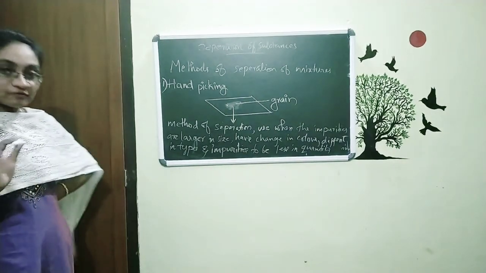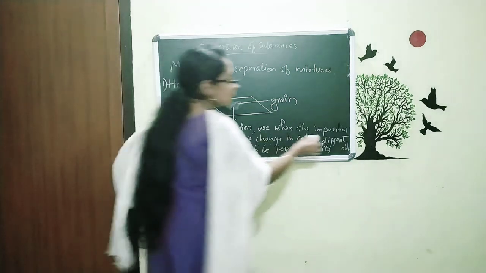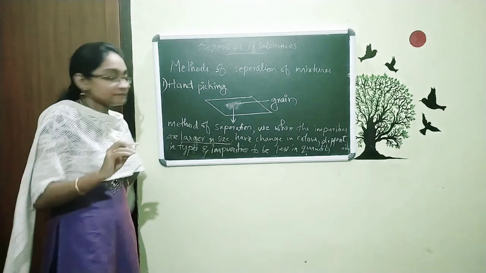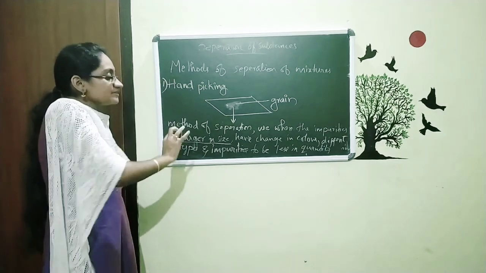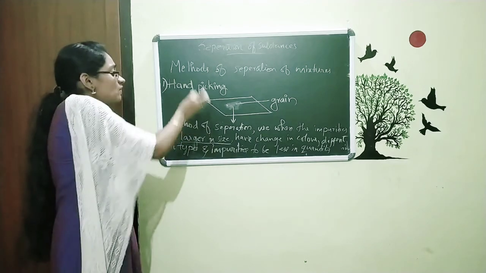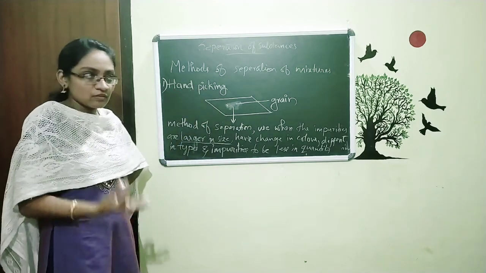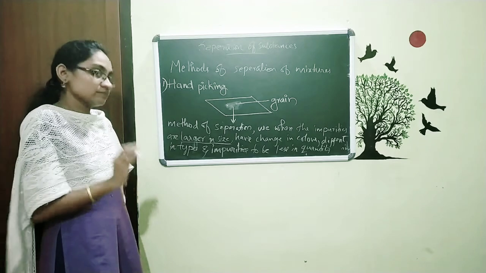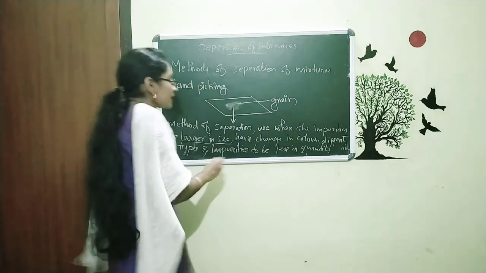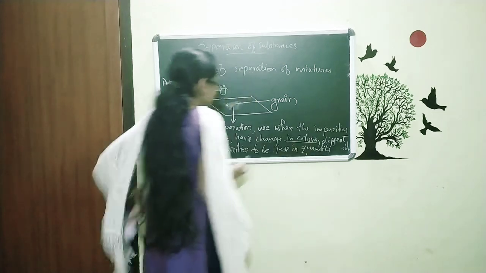This is a method of separation used when the impurities are larger in size. That is the first thing. We are not saying that all these things have to happen here. The size of the things may be bigger, or sometimes smaller. Simply we can say it has a variation in size, and a change in color.